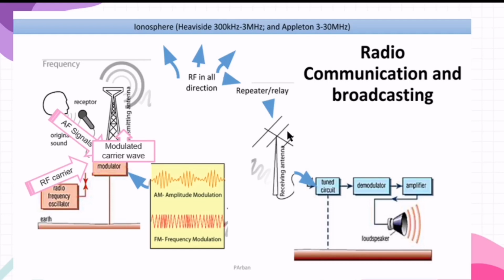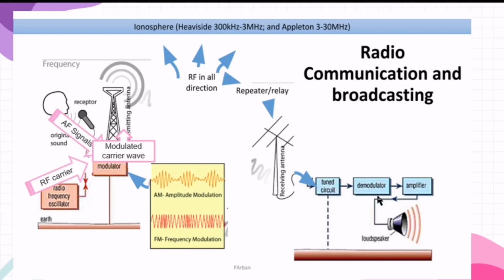Now, once the radio waves reach the receiving antenna, a tuner circuit selects the frequency of the station desired. And then afterwards, the modulated carrier wave or radio wave goes to the demodulator.